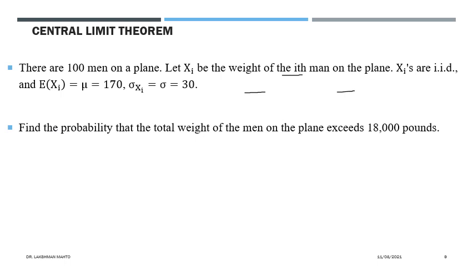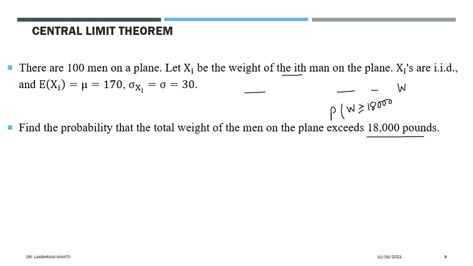So we have to find the probability that the total weight of the men on the plane exceeds 18,000 pounds. We can denote the total by W, where W is the sum of all xi. So we have to find the probability that W is greater than or equal to 18,000.